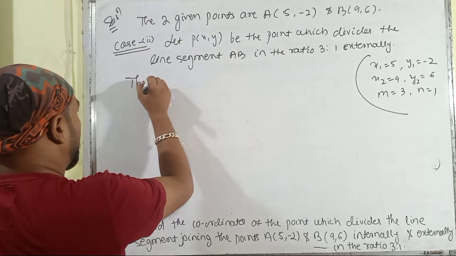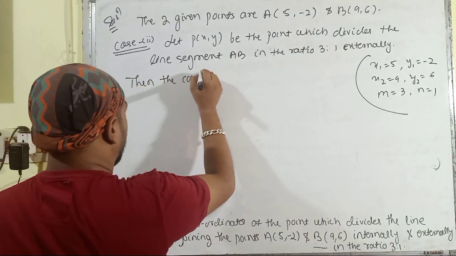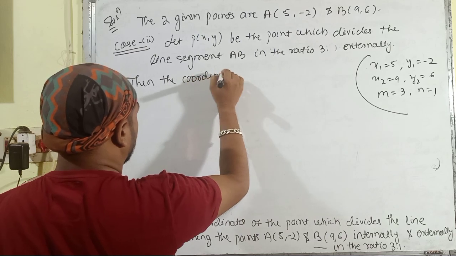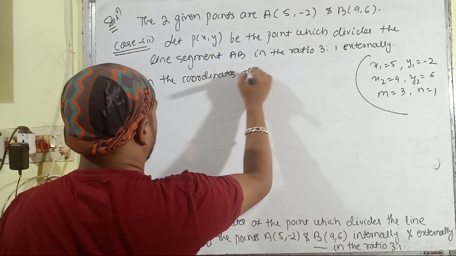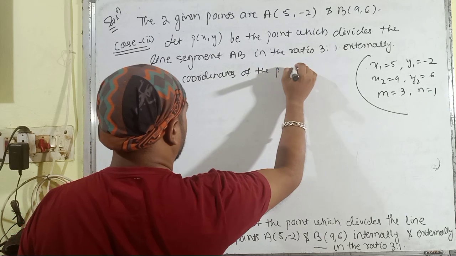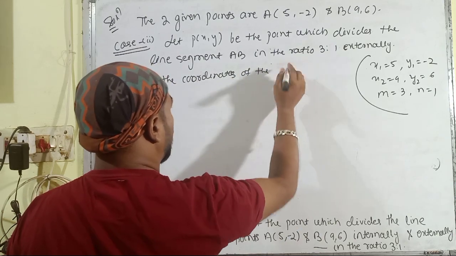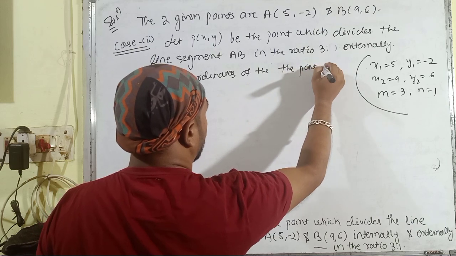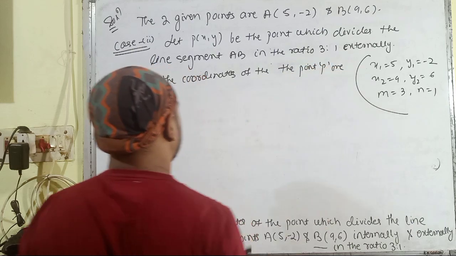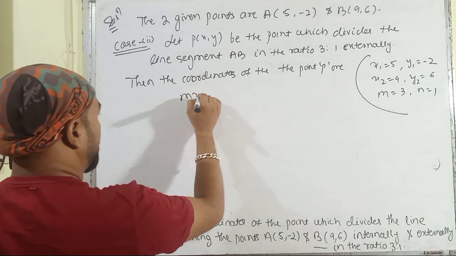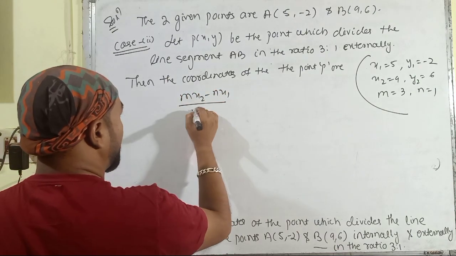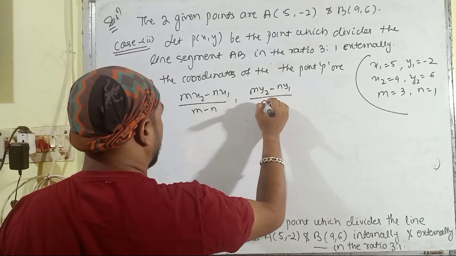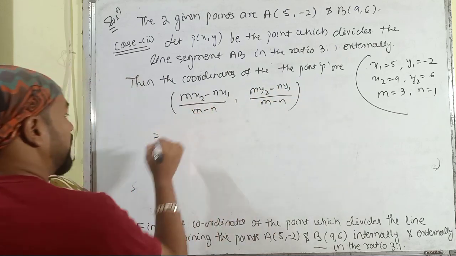Then the coordinates of the point P are, we know, (mx2 minus nx1) divided by (m minus n), and (my2 minus ny1) divided by (m minus n).